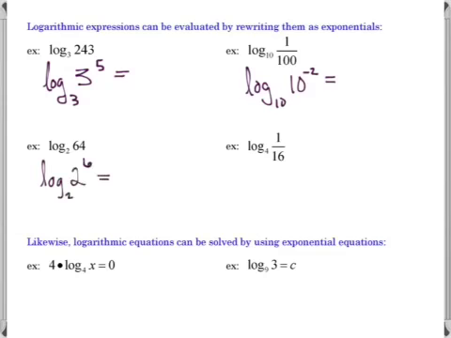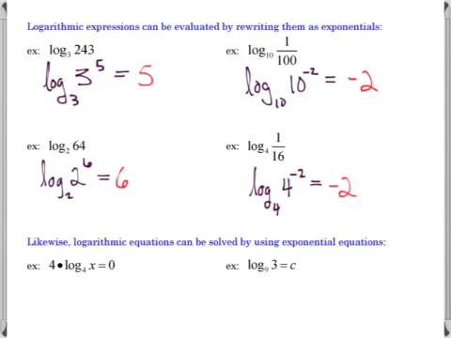The next one is, what power do I raise 2 to and get 2 to the 6th power? And then the last one is, what power do I raise 4 to and get 4 to the negative 2? Well, now that we've written them this way as powers of 3, 10, 2, and 4, it's pretty obvious. This one is 5, that one's negative 2, that one's 6, and that one's negative 2.